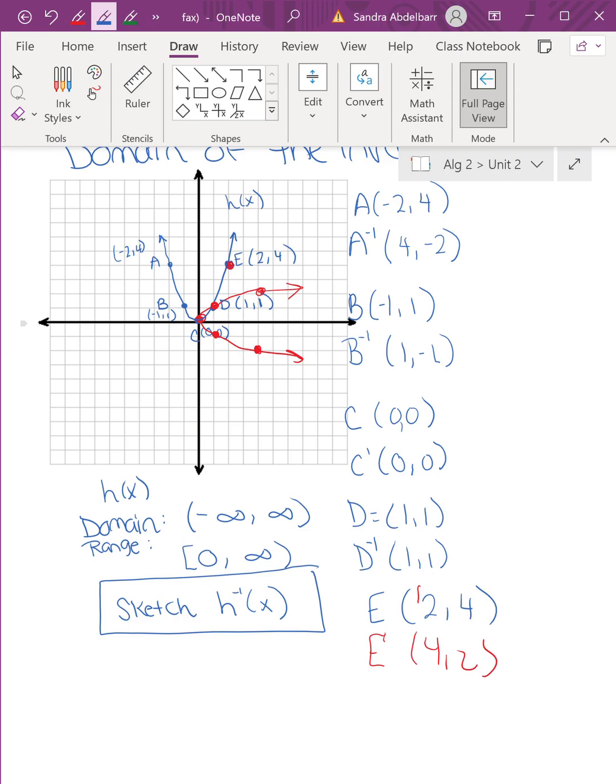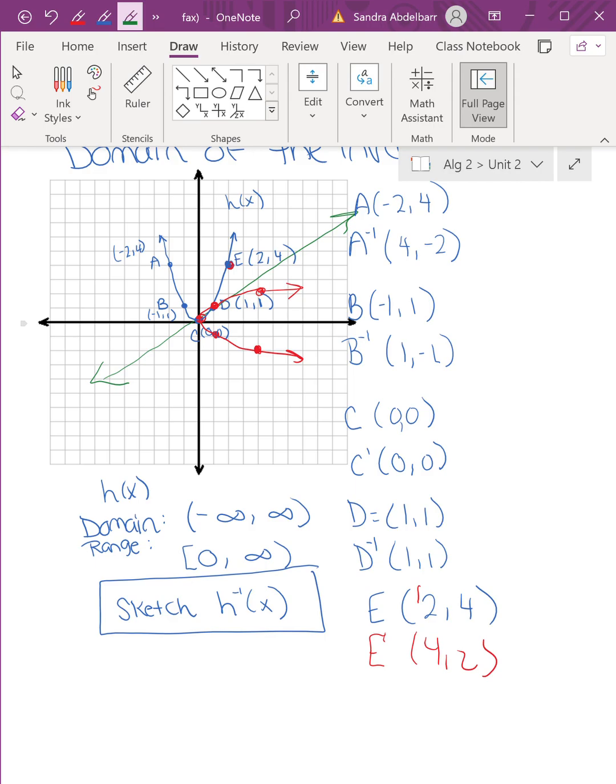Now think back to geometry. This was a reflection over a line. Does anybody know what this is a reflection over? Aaron? Matt? This is the reflection over the line y equals x.